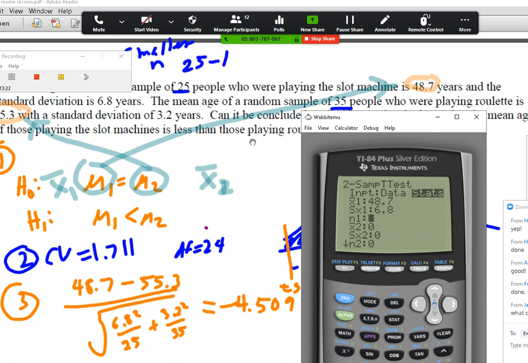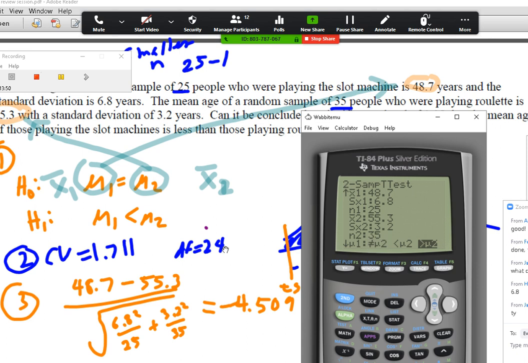My x bar 2 is 55.3. Oops, I mistyped that. It's really easy to mistype, so you have to make sure that you type correctly, or else I would get something completely wrong and have no idea. S2 is 3.2 and n2 is 35. Then double check your numbers, make sure they're all correct, because you do not want to be off by anything here.